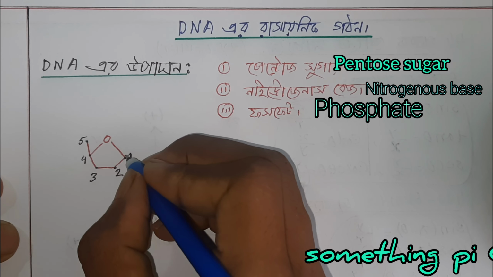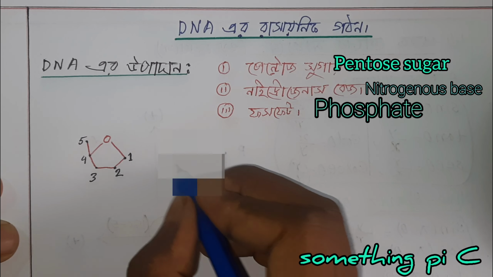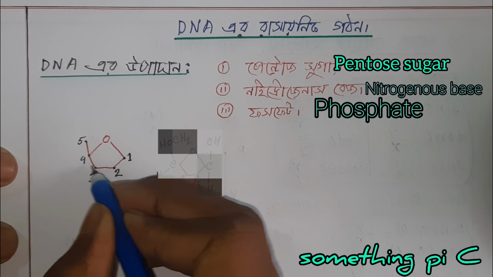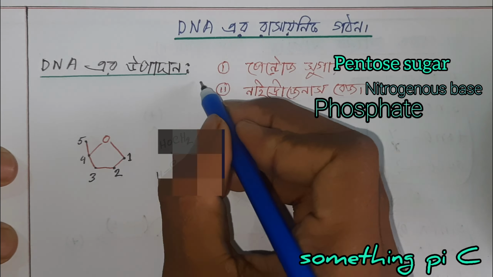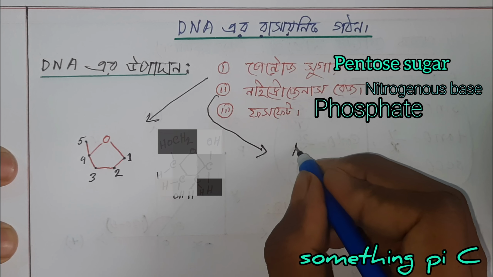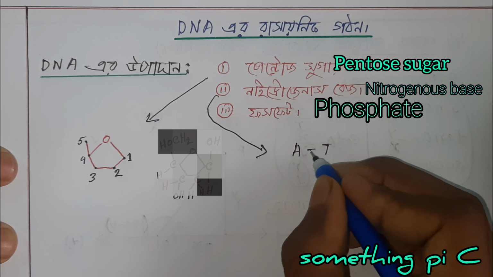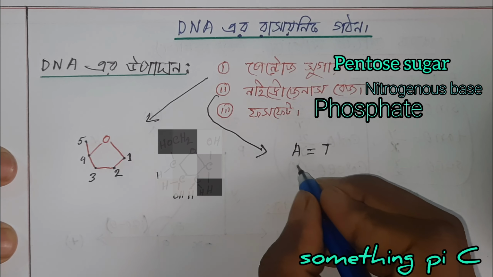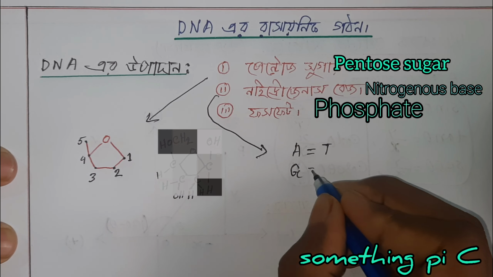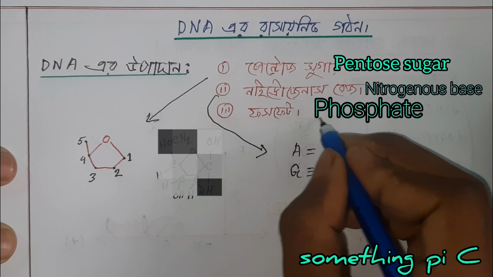In carbon number 1, this carbon connects the nitrogenous base with the pentose sugar, and in carbon number 3 there is an OH group, and in carbon number 5 there is a phosphate group. This is the structure of pentose sugar.